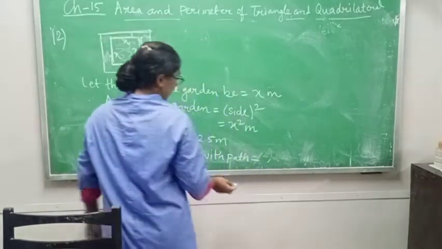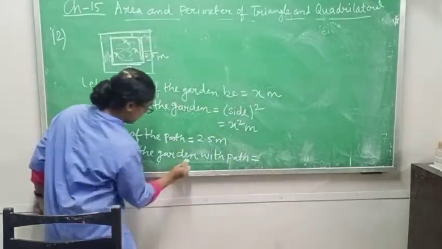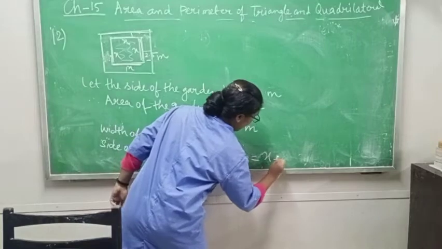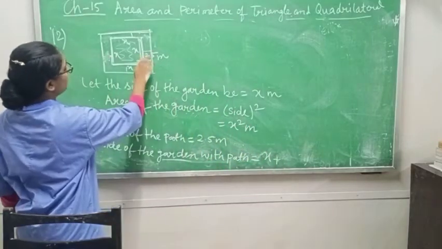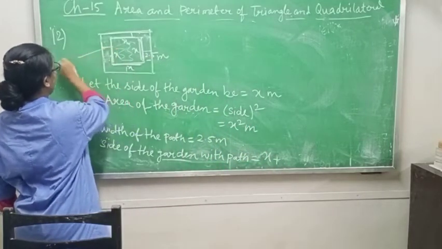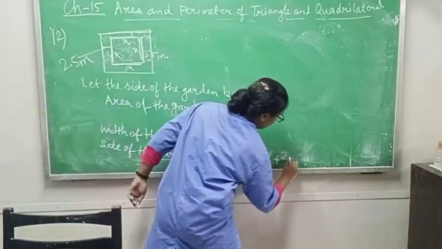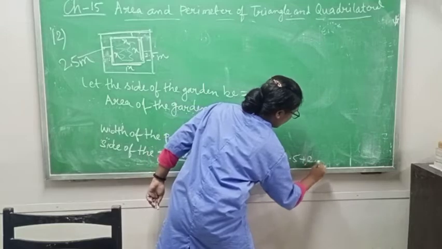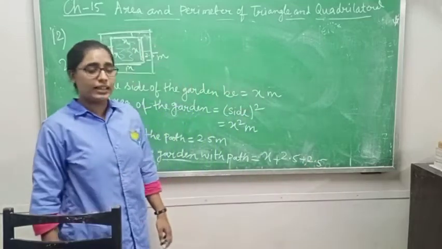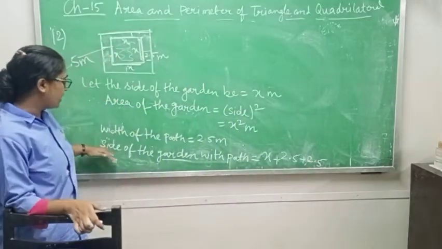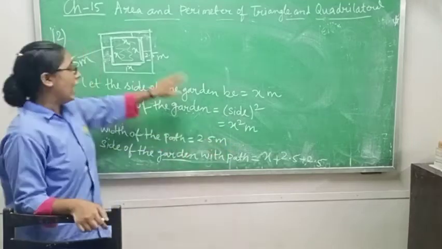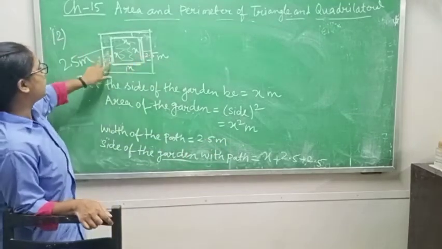Okay, so side of the garden with path. Side of the garden is how much? x, and the path on both sides is 2.5. Here also it is 2.5 meter. So what you will do? 2.5 plus 2.5. Understood, class 9? I am finding the side of the garden with path, and both sides the path is 2.5 and 2.5.